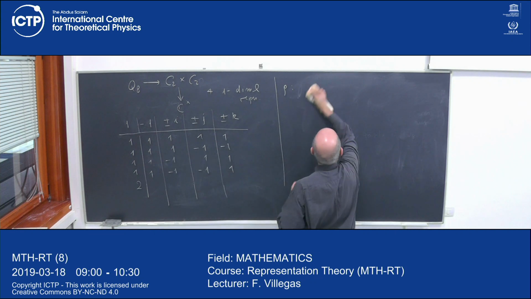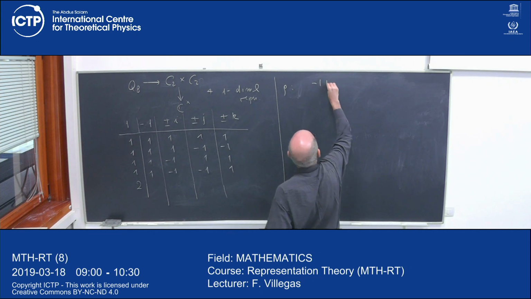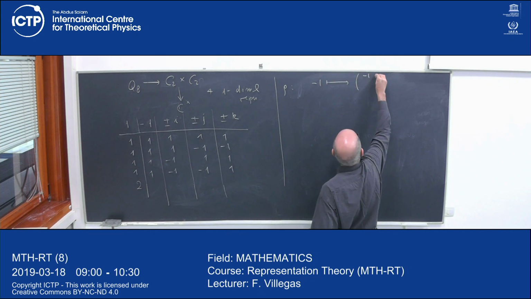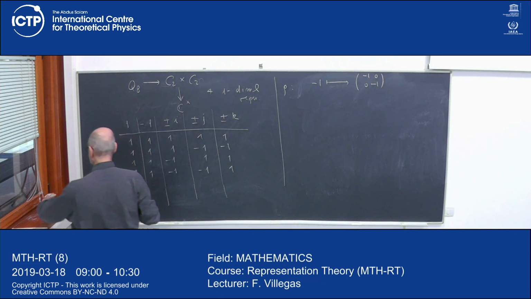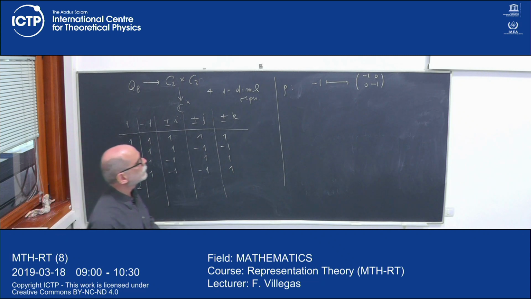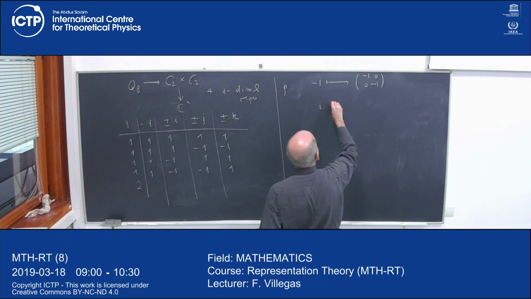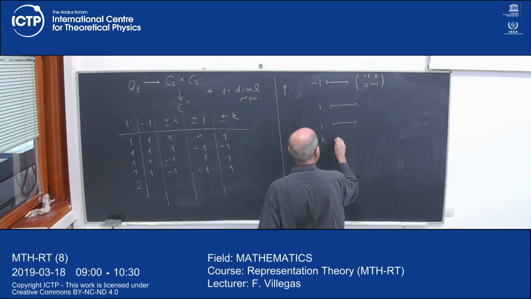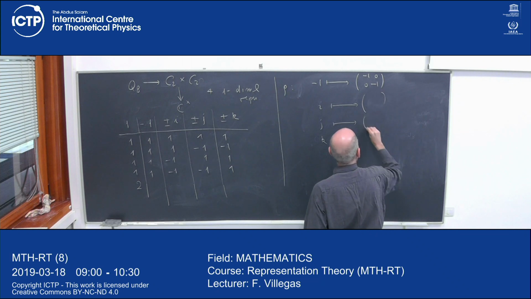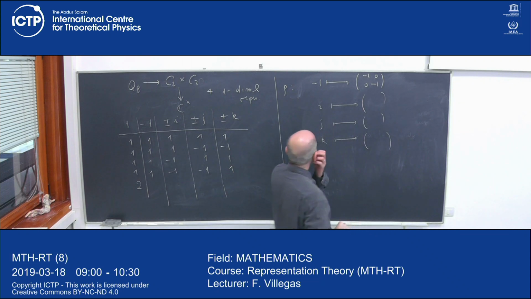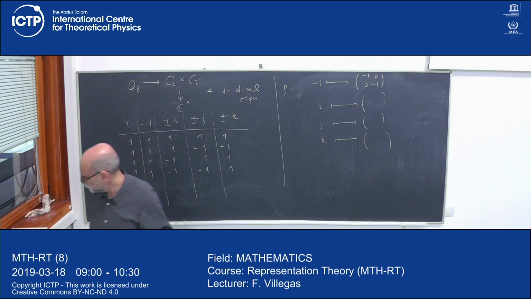Let's write, minus 1 goes to, it's an algebra isomorphism, so minus 1 has to go to minus 1. I, J, K, where do they map to? So these are these Pauli matrices I was talking about. So where does I go to?